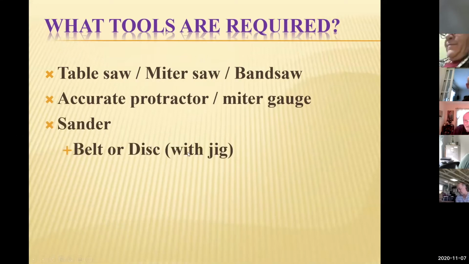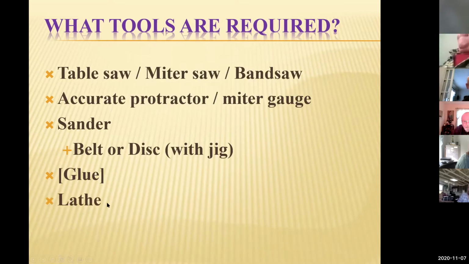I use a disc sander with a jig, just a minor amount of sanding involved. Glue, lots of glue. You might want to buy stock in the glue company. I use Titebond glue. A lot of glue, and of course a lathe. So if you have all these tools, you're all set to go. You can begin this afternoon.